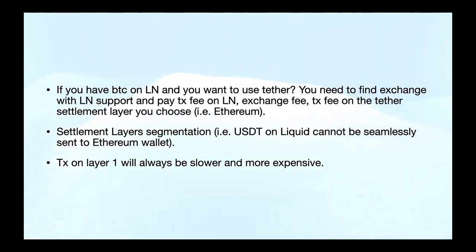So the user experience is not so seamless. Anyway, the transactional layer one will always be slower and more expensive, even though I know that there are several stablecoins, DAI for example, that are issued on layer 2, on top of layer 2 technologies.